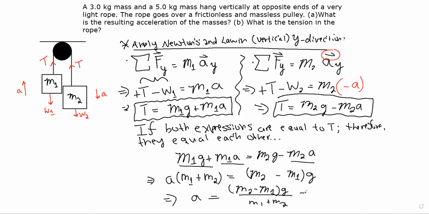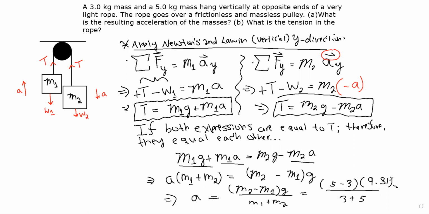So A, 5 minus 3 is 2, times G divided by the sum of the masses. So acceleration is 2 times 9.81 divided by 8.